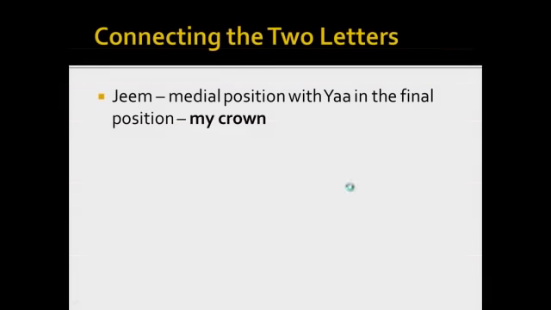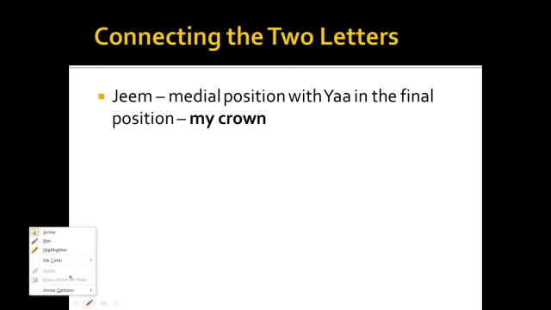Okay, let's move on and put these 2 letters together to write a word. I'm going to change my color again to red. So again, let's summarize our letters Jeem and Ya.